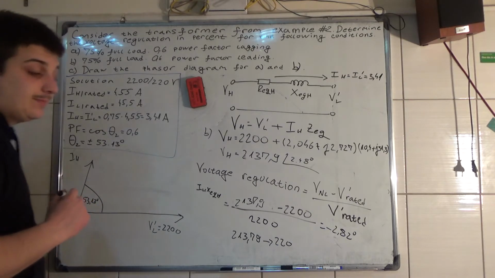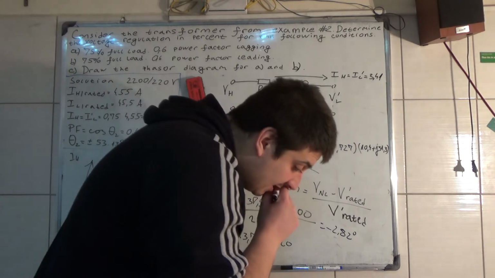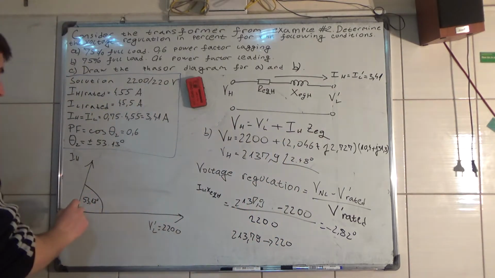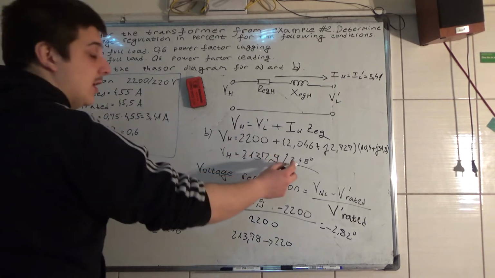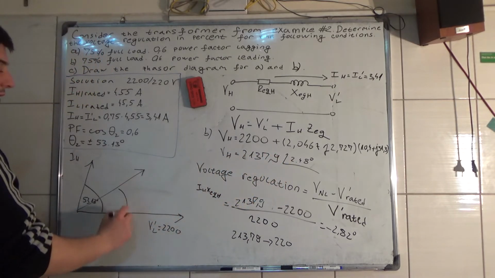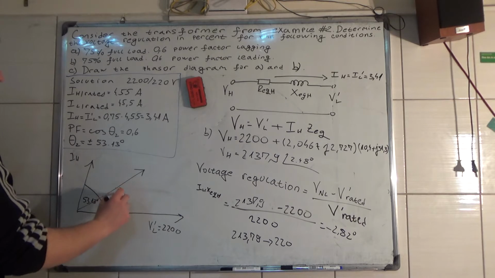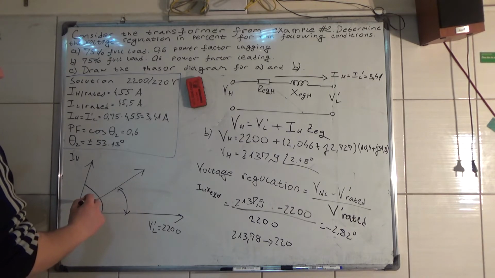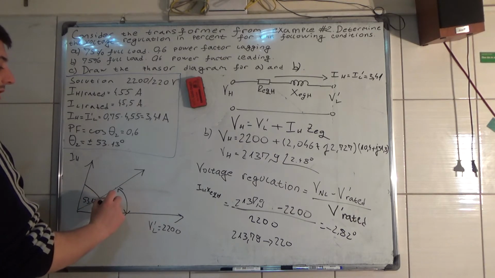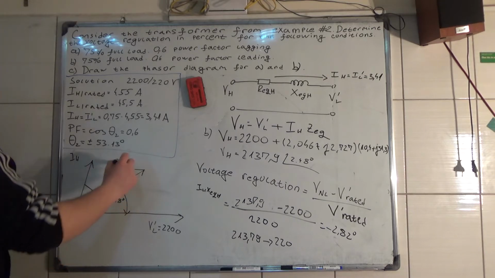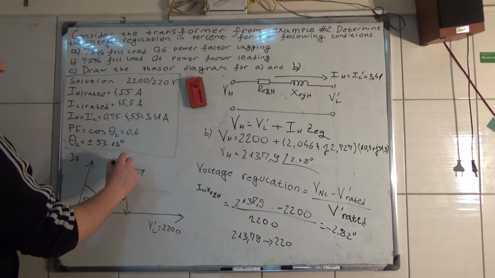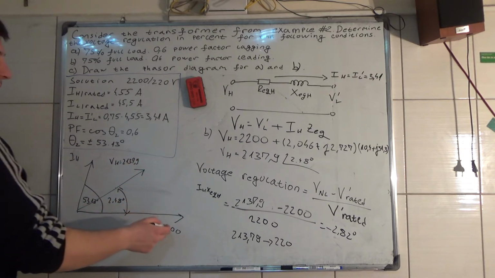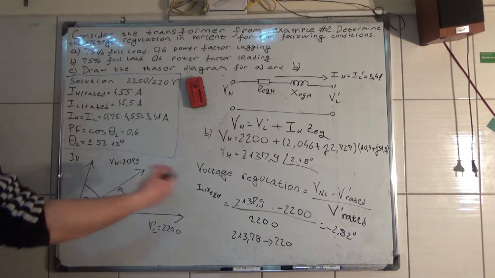And the voltage is now shifted, and from here to here the angle is 2.48 degrees, and the value is a little bit smaller now, 2137.9 volts.